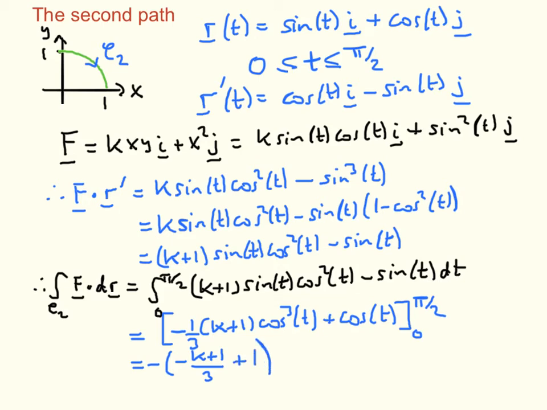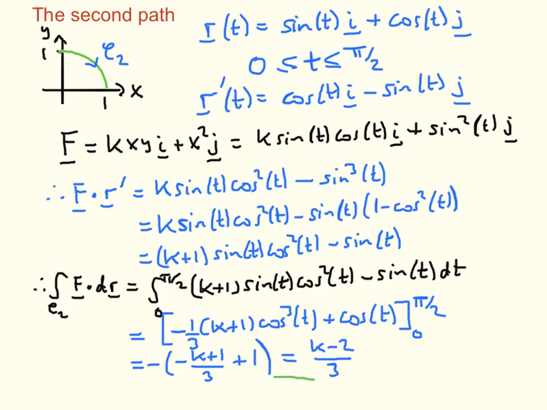So now we can work out what this is, and what we obtain is kappa minus 2 all over 3, where I've borne in mind that there was this minus sign outside multiplying everything.